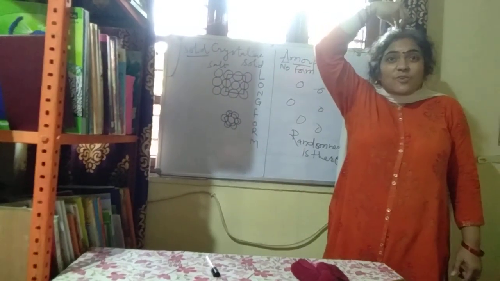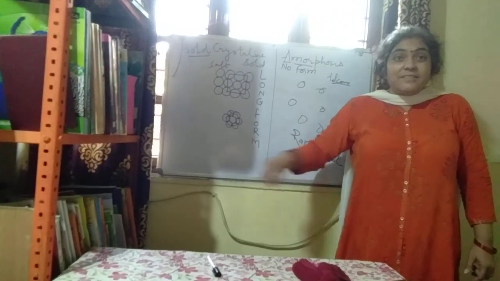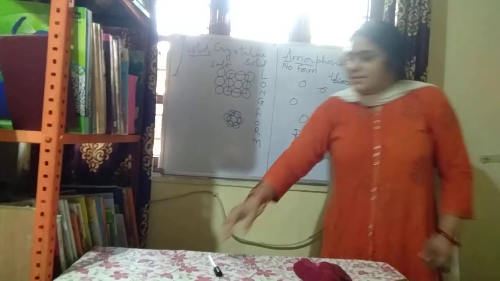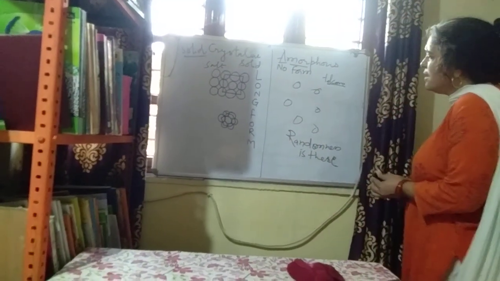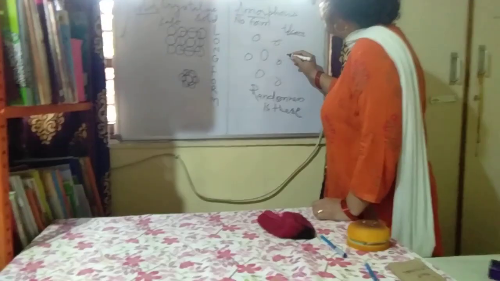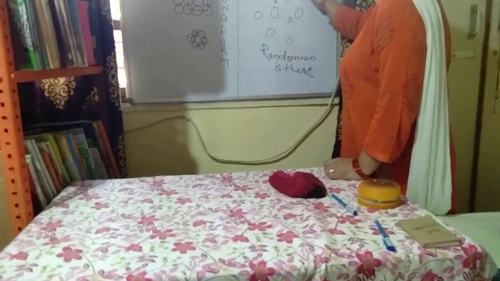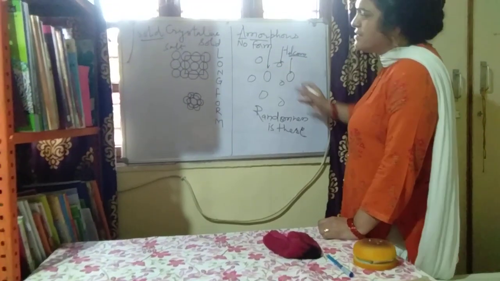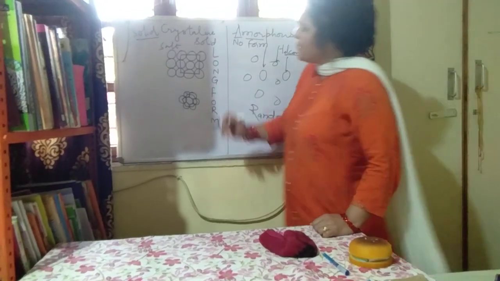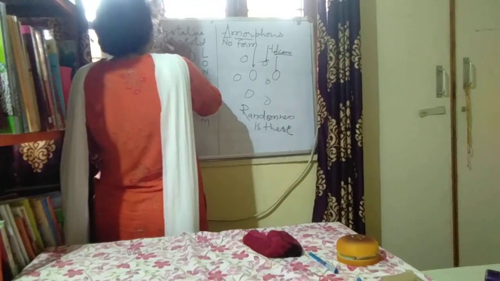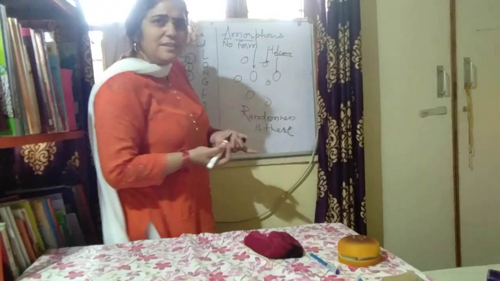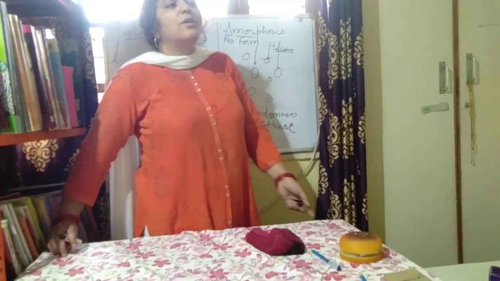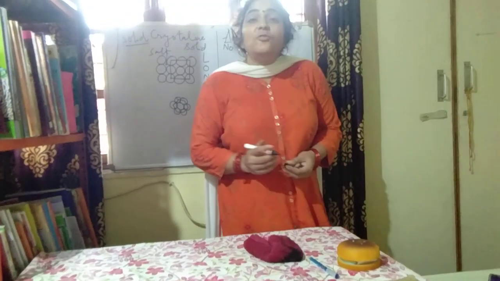The dropping may be on your head, or it may be in the intermediate space, just like here. If molecules are haphazardly here, here, here, the possibility is 100%. But here, what will happen? Here, there is no possibility. So, this is very controversial, you can say.